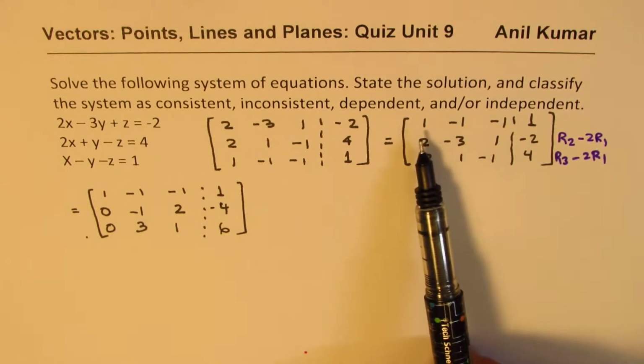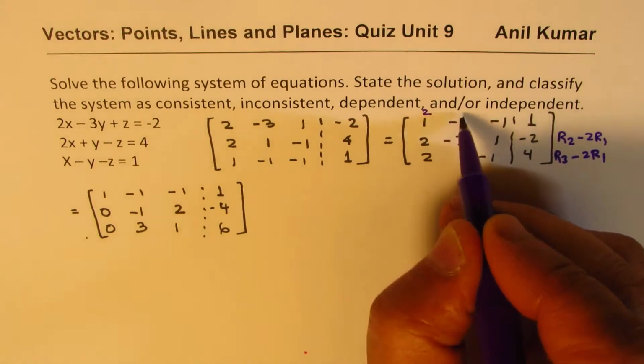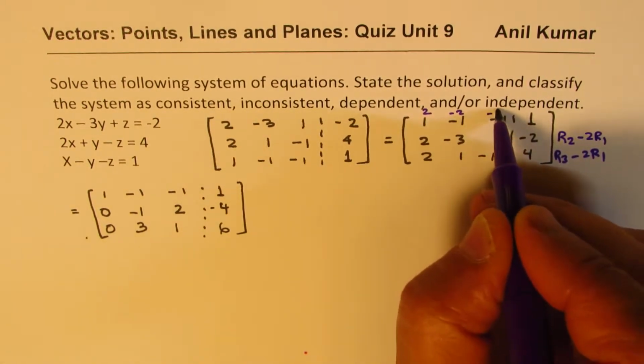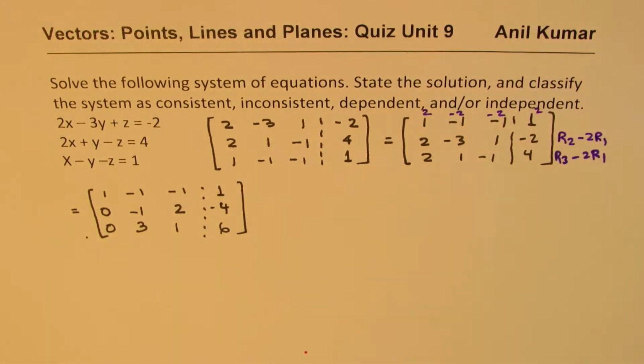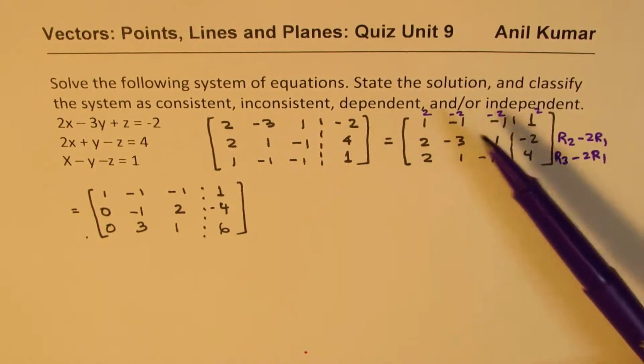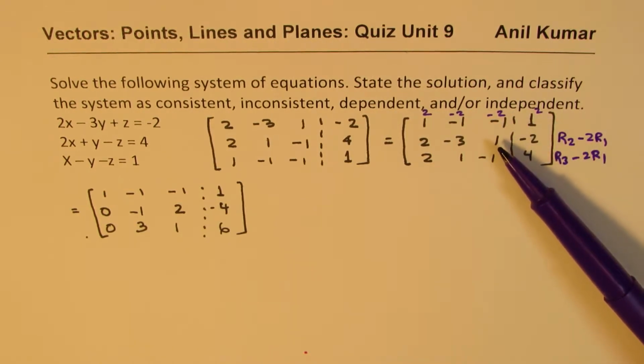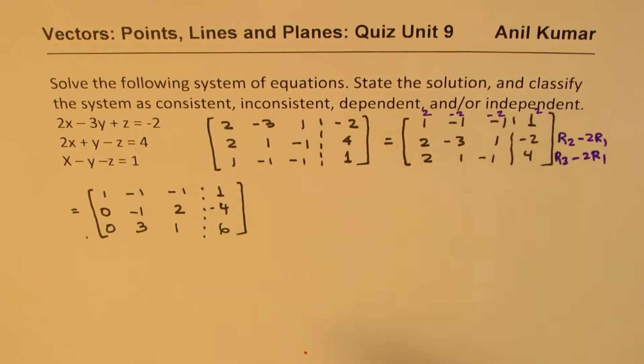Let's re-look into it. When I multiplied by 2, I got these equations as 2, minus 2, minus 2, and 2, right? I'm taking away from here, so it becomes 0, that becomes minus 1, this becomes 3.